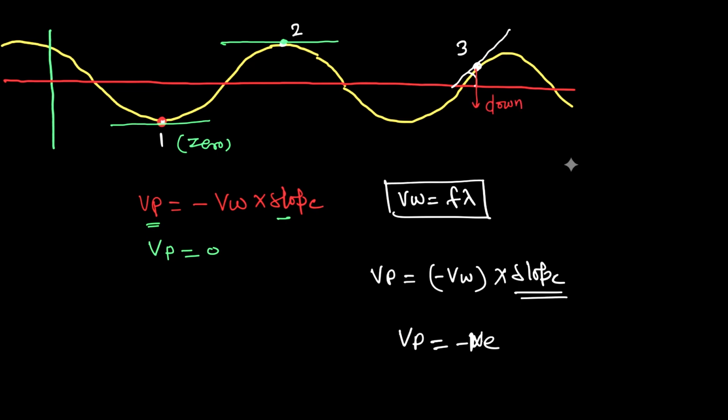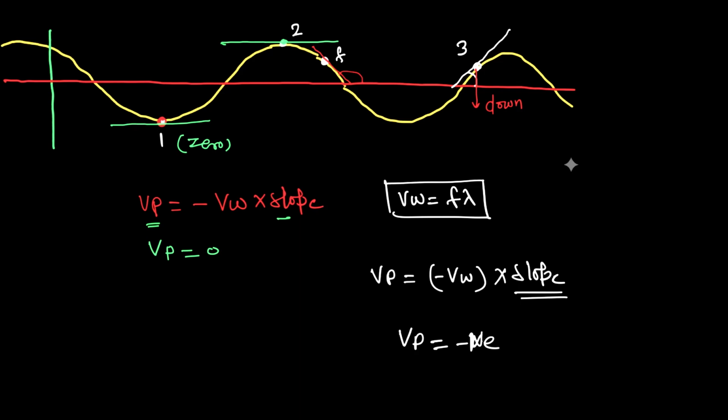Now I take another particle. Let's say this one is the final particle F. Where is this particle moving? Again, if I draw the slope on this one, the slope will be like this. So this angle is more than 90 degrees.